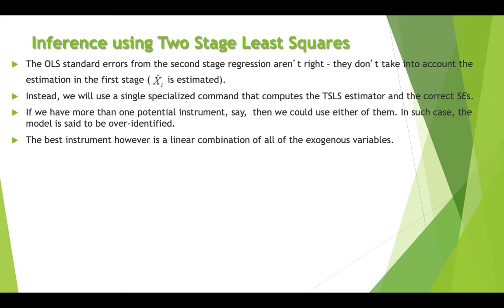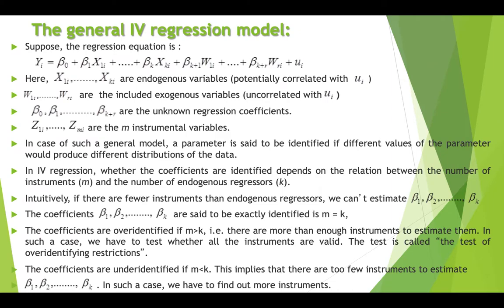Therefore, the standard errors are biased. So, we have to use the correct standard errors. If we have more than one instrument, then the model is said to be over identified. The base instrument will be the linear combination of all exogenous variables.